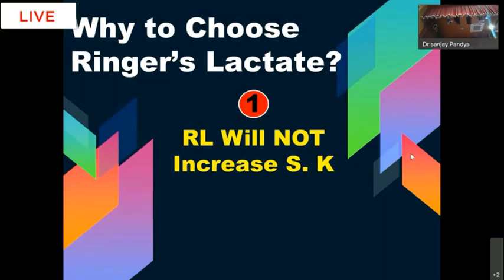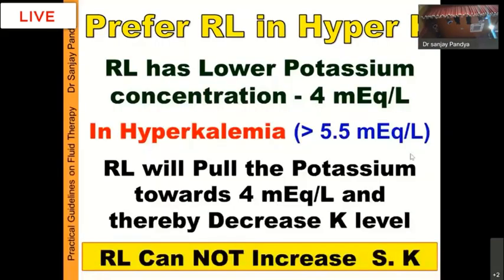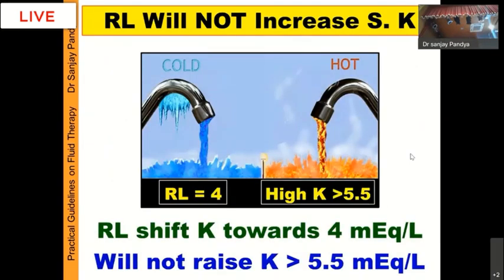Whatever amount of RL you provide, it has a lesser concentration of potassium, so it can never increase the potassium level. With dilution, it will decrease. It pulls the potassium towards 4 milliequivalent and does not push it above 6.5, whatever it may be. RL cannot increase potassium. It's like mixing hot and less hot water.